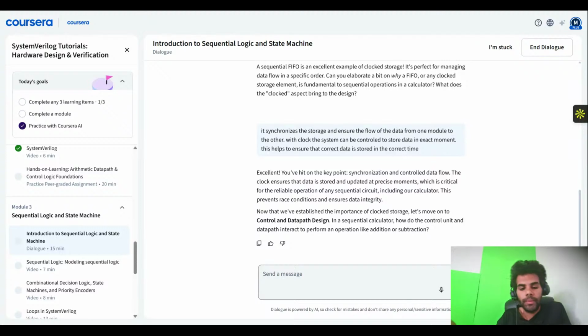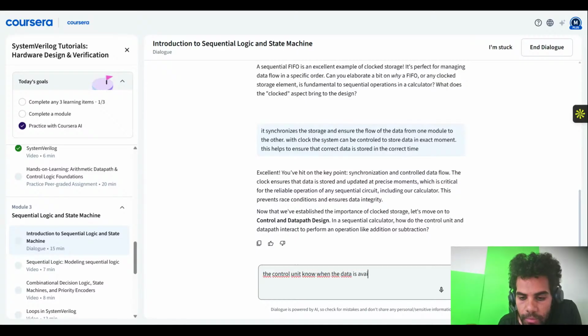So the control unit knows when the data is available, then it enables the ALU to perform the calculation operation on the correct data.